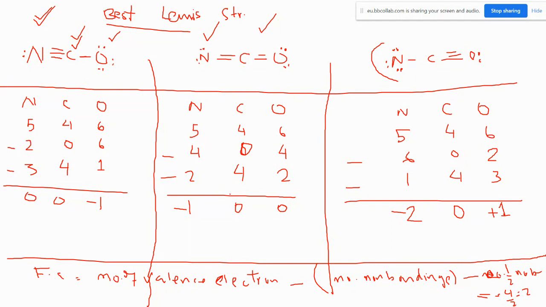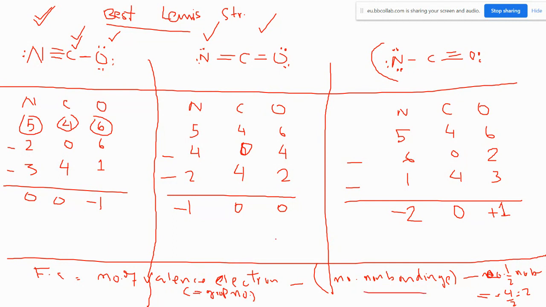But the group gives you information about electrons. That's why I told you the number of valence electrons you find from the group number. The number of valence electrons is actually equal to the group number A.